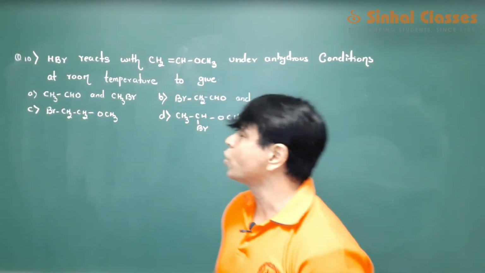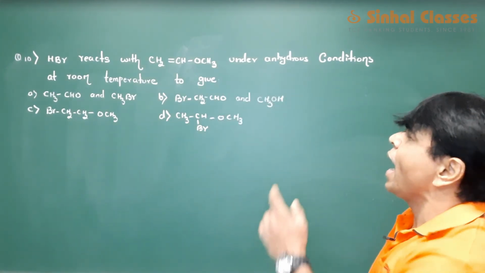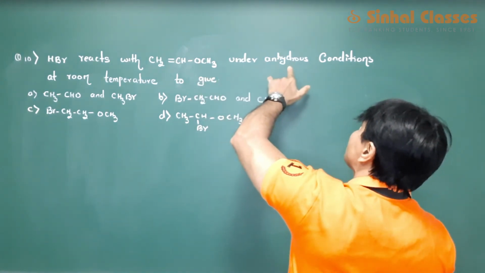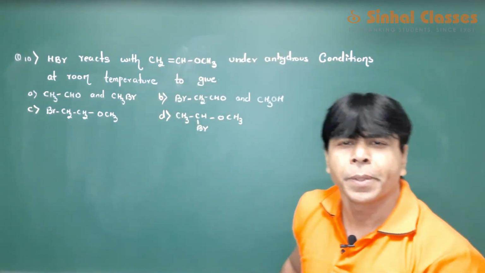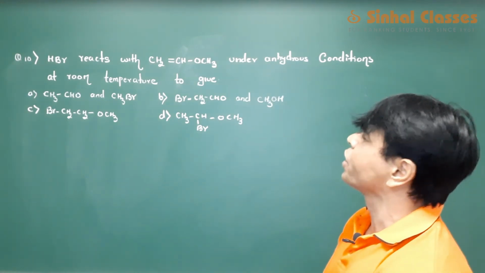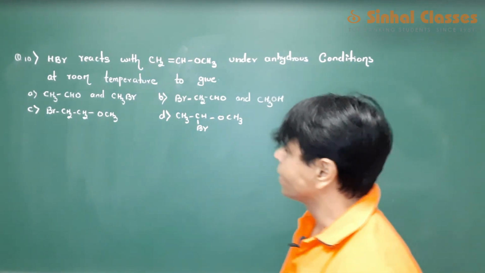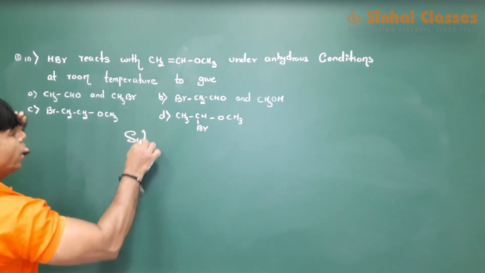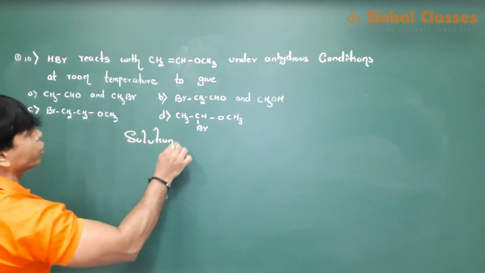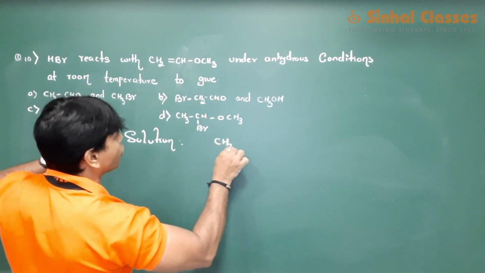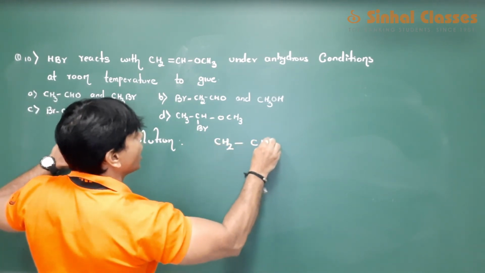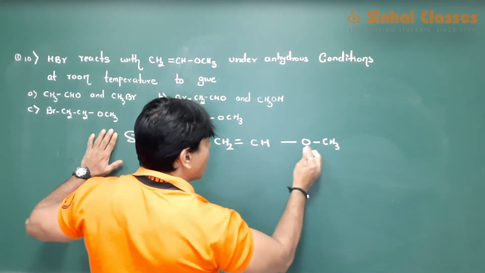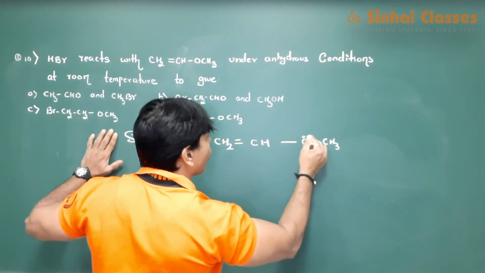Now student, have a look at this question. HBr reacts with this compound under anhydrous condition at room temperature to give you... If you see very carefully, this compound, which is CH2=CHOCH3, oxygen has 2 lone pairs on it.